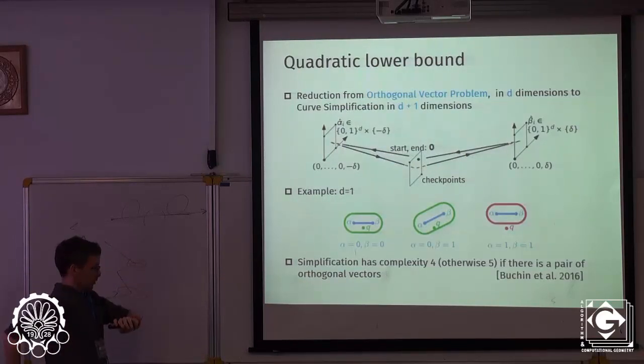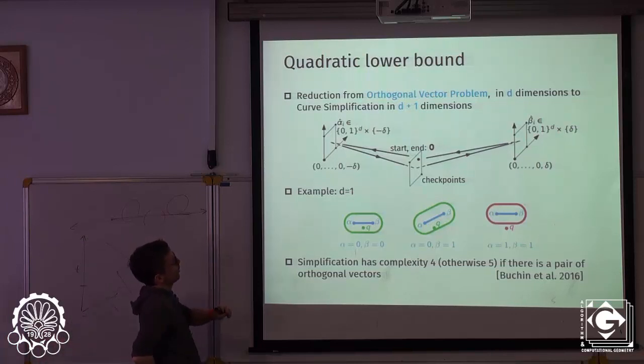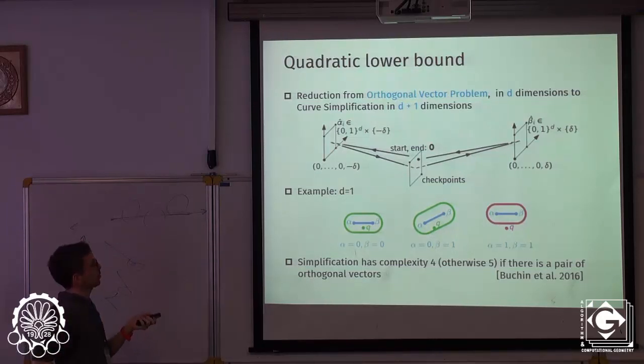Let me just very quickly show you why there's a quadratic lower bound. This is again the orthogonal vector problem as we had the last time. What we now do is we simply have one set of orthogonal vectors placed somewhere on a unit cube here, and then we use one extra dimension to place the other set of orthogonal vectors in a unit cube here.